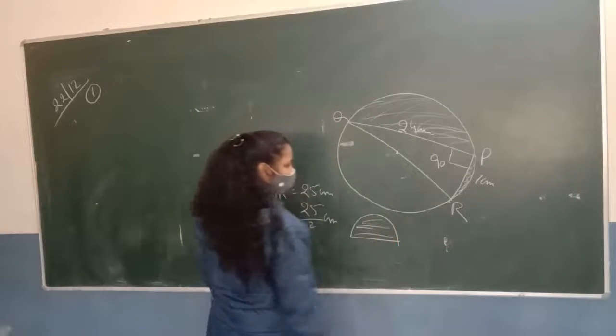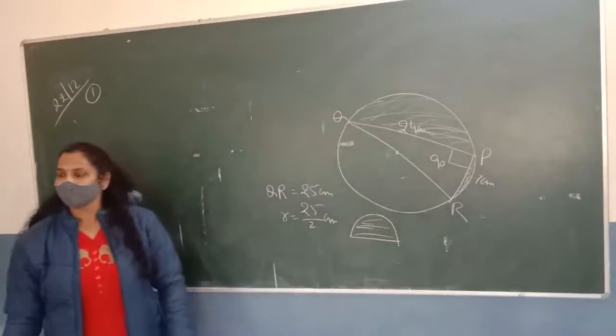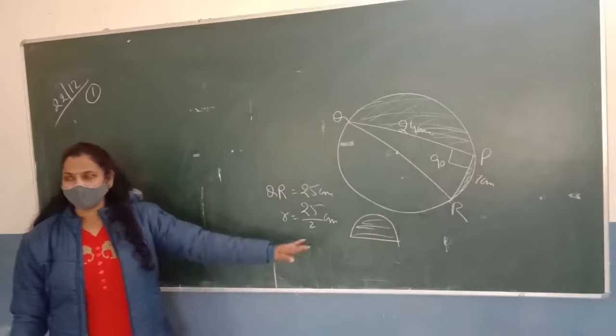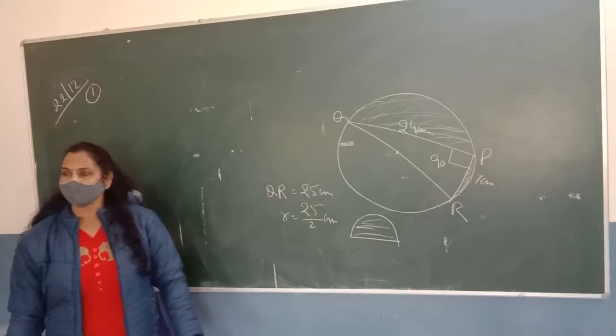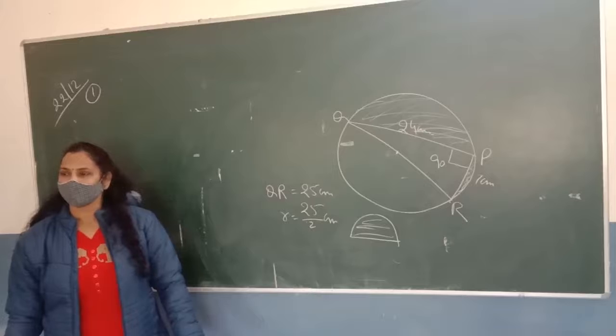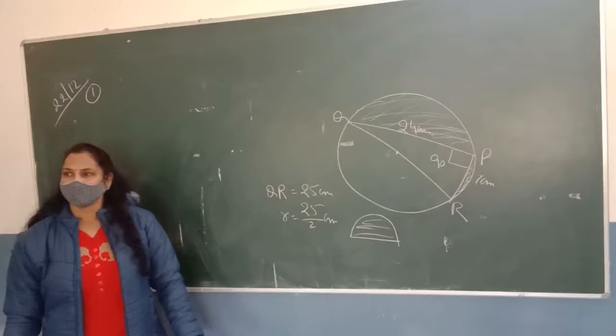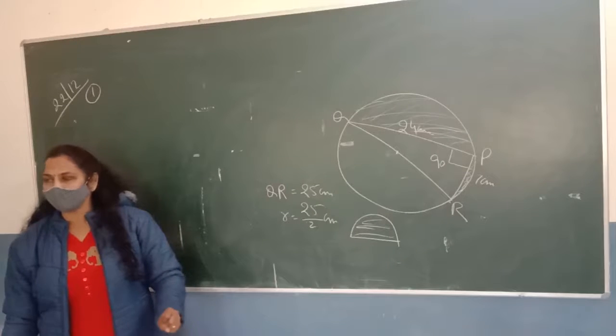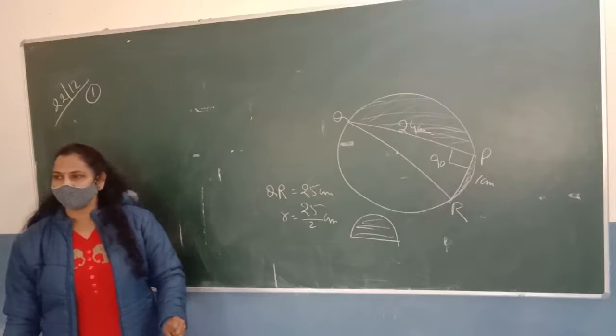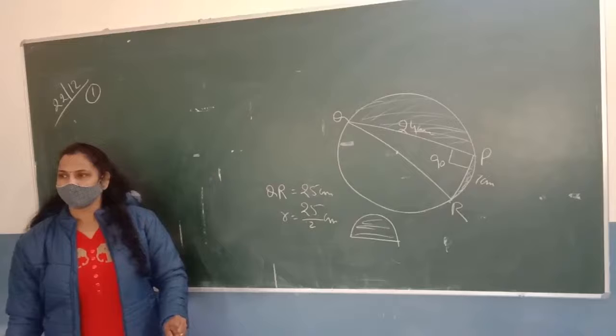The half part of the circle is called the semicircle. So, how can you find the area of the semicircle? Area of semicircle minus area of triangle.